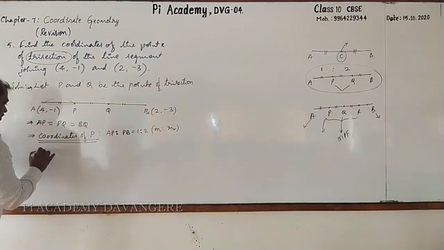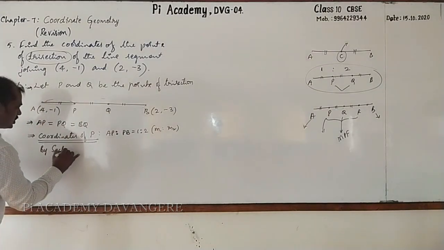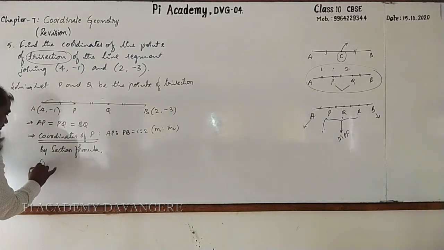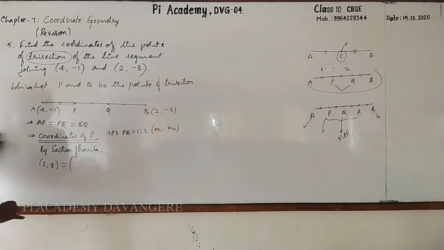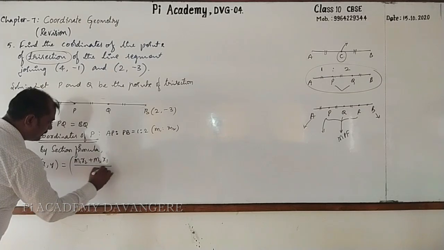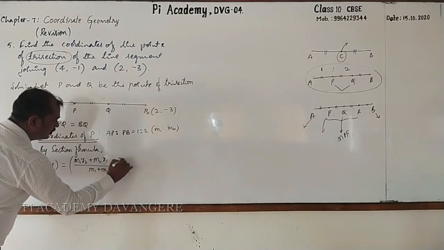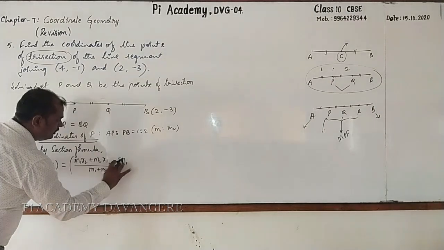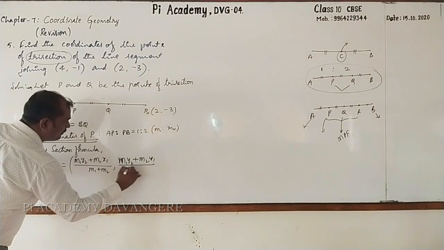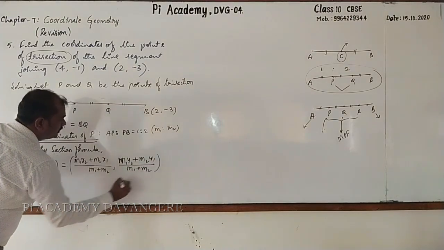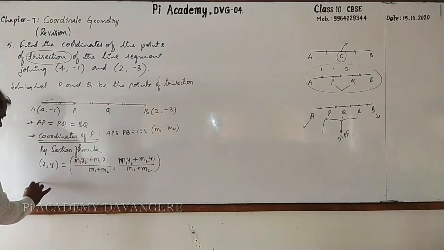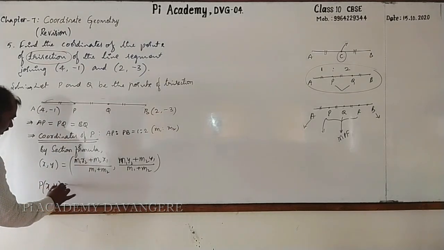Here by the section formula, how do you write? x comma y is equal to (m1 x2 plus m2 x1) by (m1 plus m2), then (m1 y2 plus m2 y1) by (m1 plus m2). Now we want the coordinates of P, hence I'll write P of x comma y.